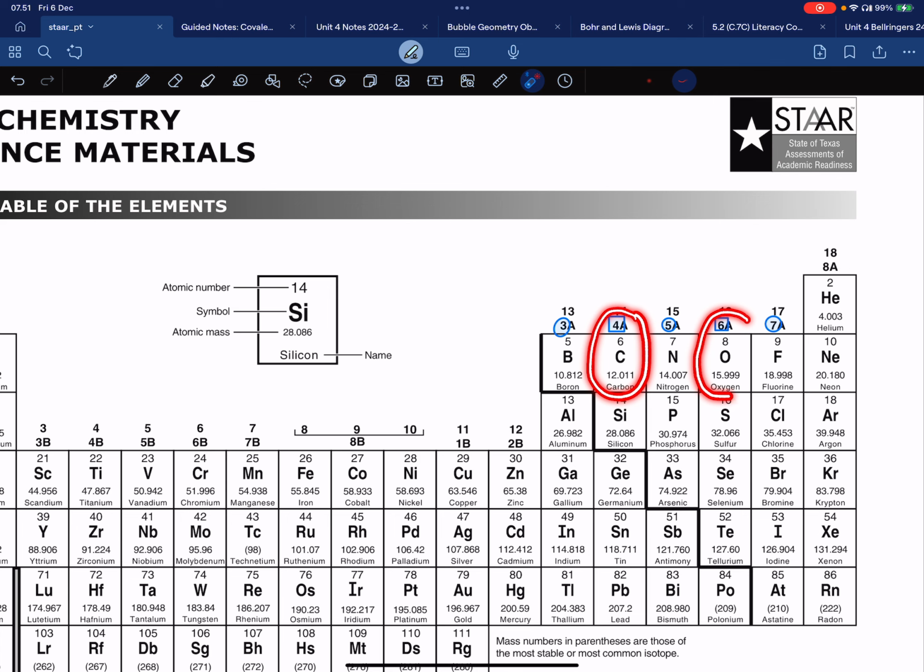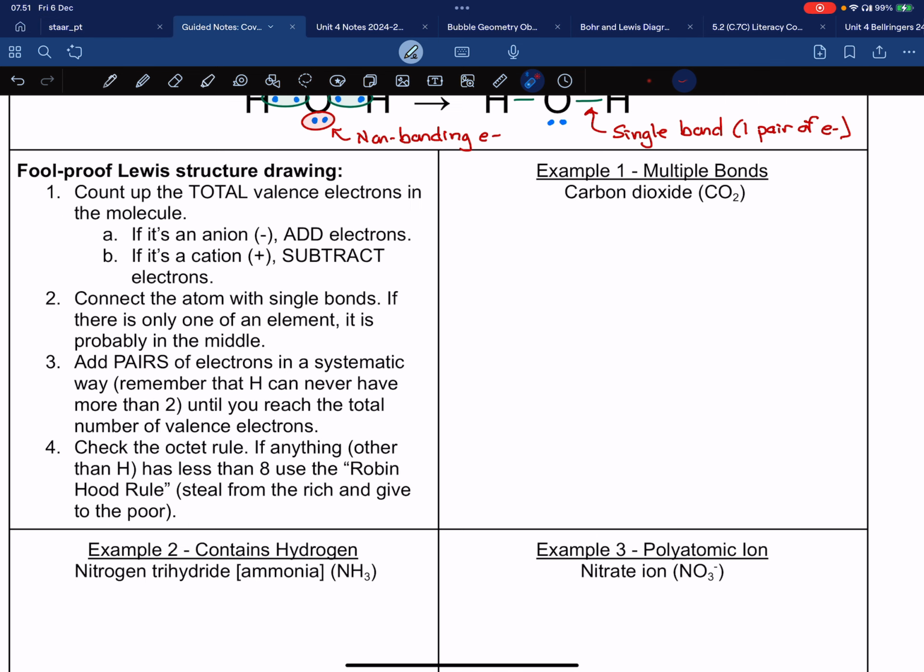Oxygen is going to have 6 valence electrons. I'm going to go ahead and count those up. The key is to know the total valence electrons, okay? That's the big key. So 4 valence electrons there, then 2 oxygens times 6 valence electrons. 2 times 6 is 12, plus 4, 16 valence electrons total.